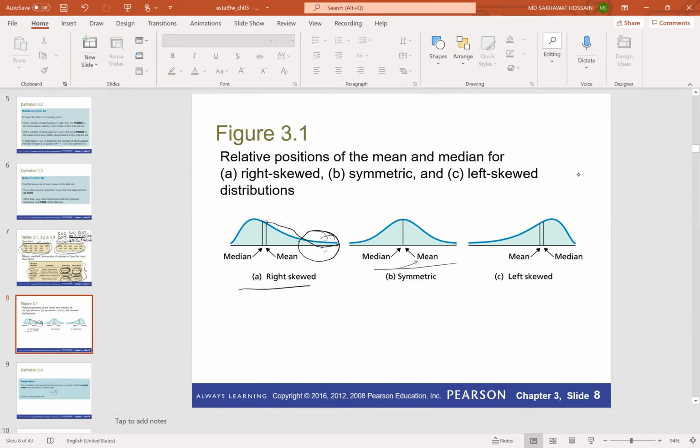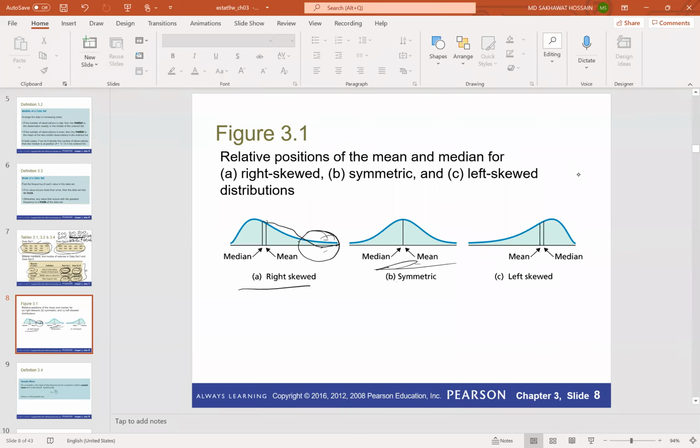And this is symmetric data. That's when we have 50% of observations on the left and 50% on the right, and the total weight on the left side and the total weight on the right side are equal.